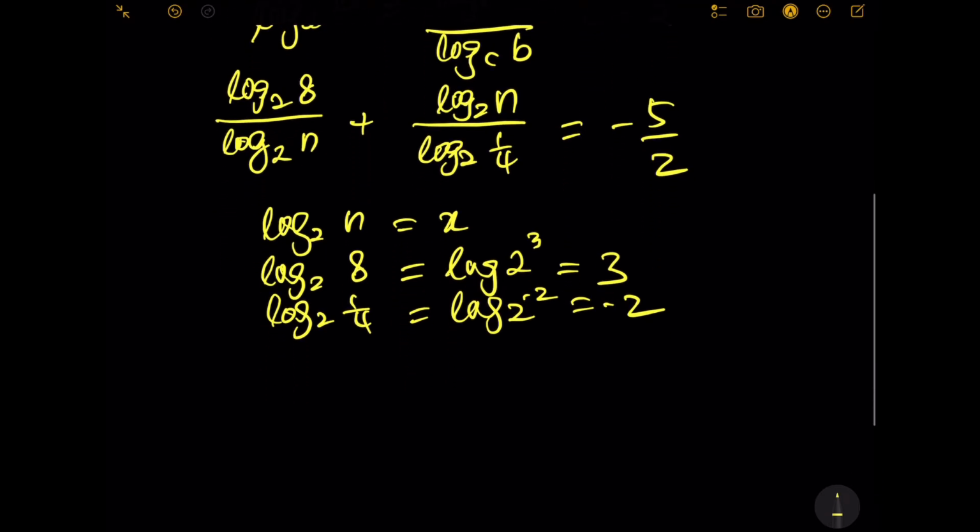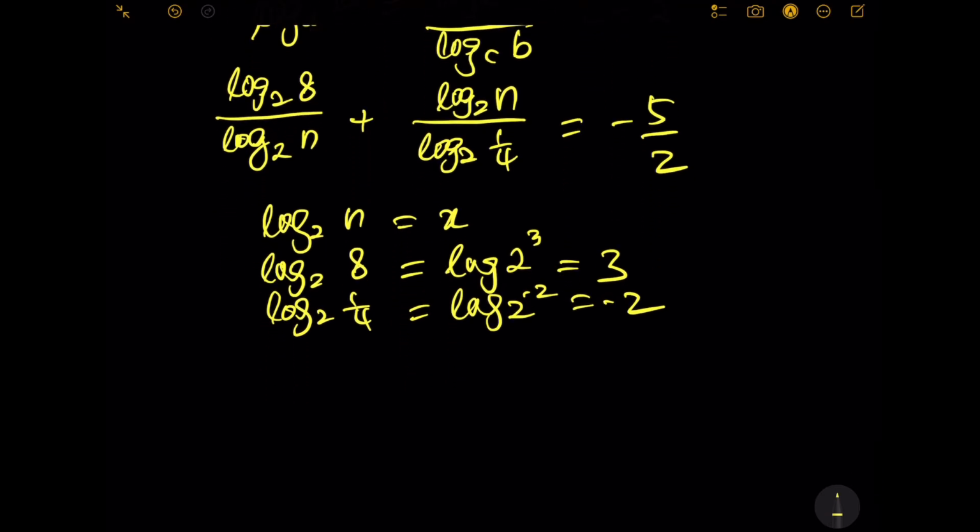So the equation can be further transformed: 3 over x minus x over 2 equals negative 5 over 2.